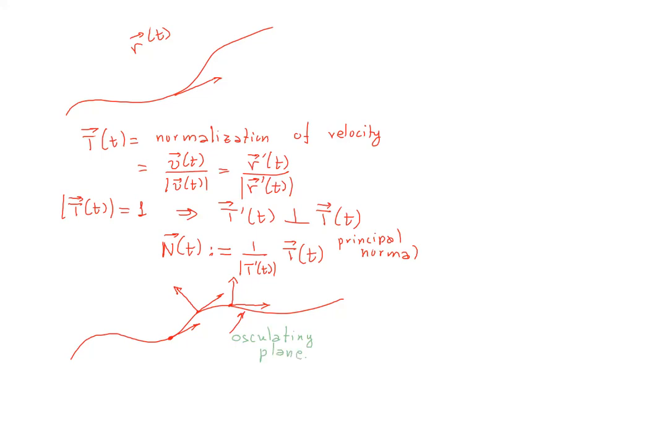The other interesting thing that one mentions here is that by examining the way that the vector T changes direction, in a way that is proportional to the length of the trajectory, one can define the curvature of a curve.